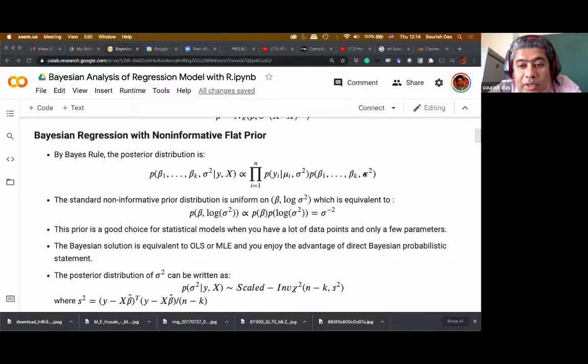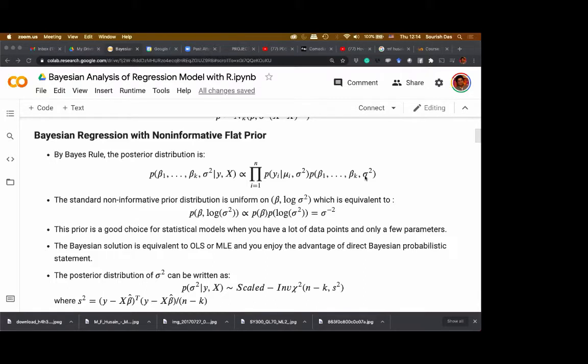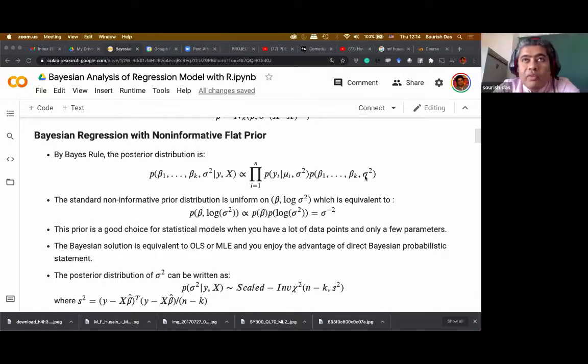Now, sigma square is a scale parameter. Its support is R plus. Sir, what do you mean by support? Support means the range, the domain where it can take values. So beta 1 can take any value between minus infinity to infinity. In that sense. Okay, sir.